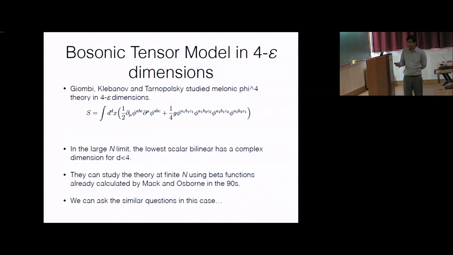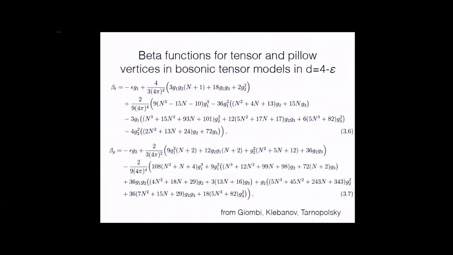The beta function for the most general phi to the 4 interaction was calculated in the index notation by Jack and Osborn in the 90s, so you could just use that existing calculation to read off the beta function. And this is what it looks like once you use it. So I'm just writing the beta function for the tetrahedron and the pillow here.